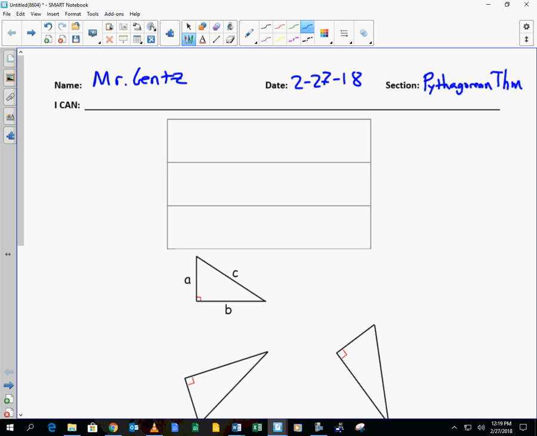We're going to say I can solve right triangles using the Pythagorean Theorem. I can solve right triangles using the Pythagorean Theorem.